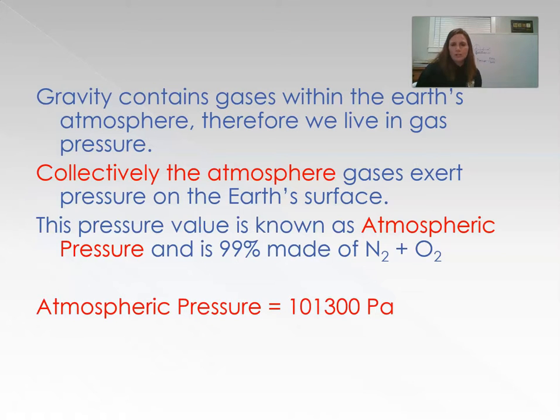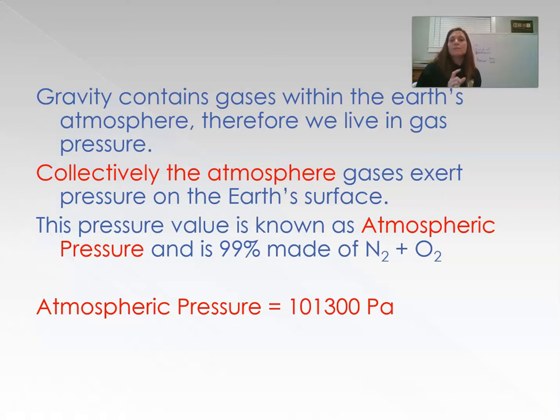So atmospheric pressure is equal to 101,300 pascals. Pascal, like Pascal's triangle, he was a Renaissance man. He did lots of things, not just geometry, but Pascal was the one who came up with the measurement. 101,300 pascals is an annoying number.